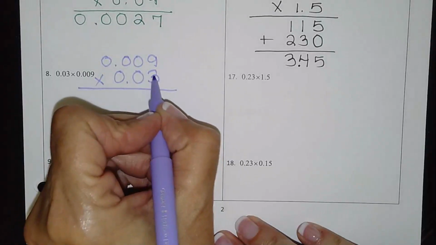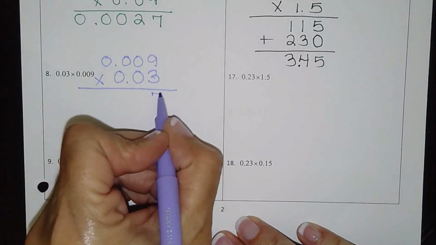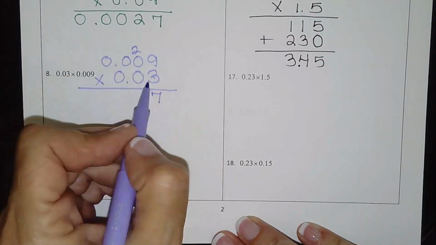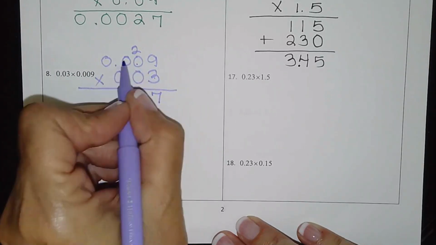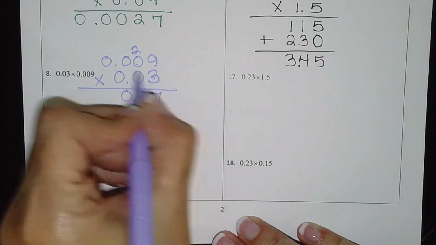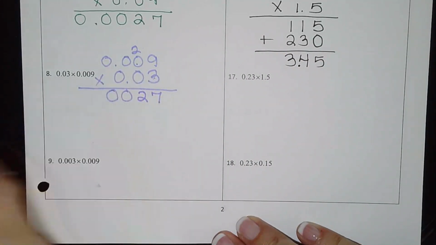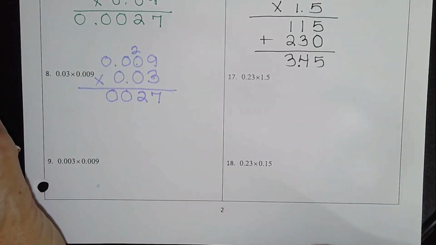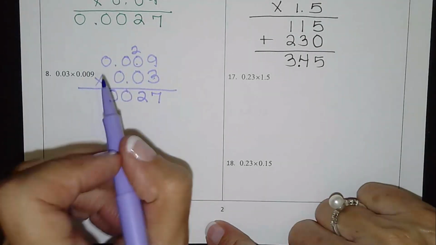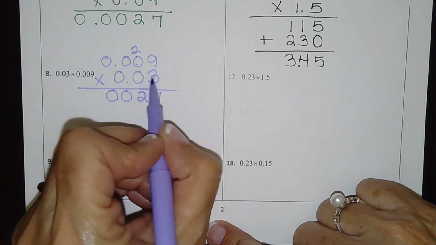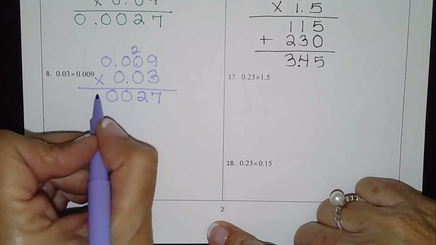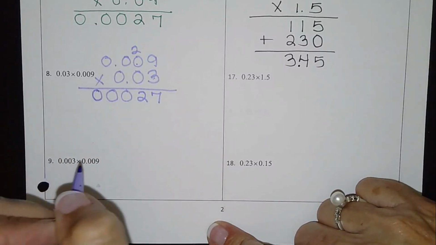So 3 times 9 is 27. Carry our 2. 0 plus 2 is 2. 3 times 0 is 0. 3 times 0 is 0. And we're done. We don't have to do any more because the rest are zeros. This one should have 1, 2, 3, 4, 5 decimal places. I only have 4, so I got to add a 5th there.